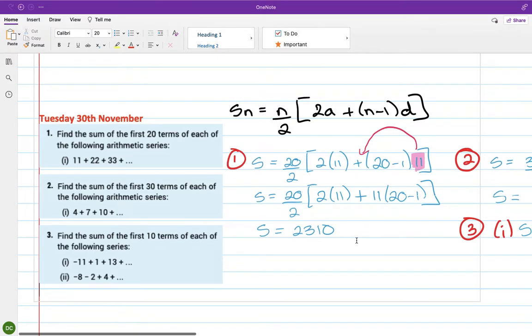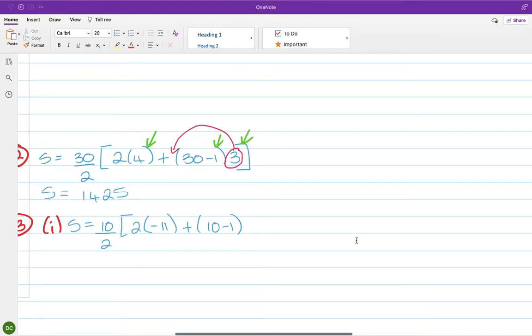Now the common difference. I'm going from minus 11 to 1. That's plus 12. And then 1 to 13 is plus 12. Okay. So that's going to be 12.